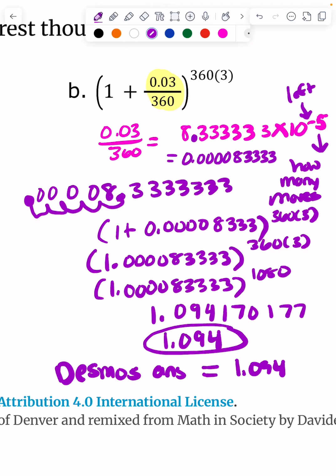The Desmos answer ends up being the same here, but it's preferred that you just put the whole thing in as one big chunk in your calculator, and you're going to be much more likely to get it correct. But you should also understand the order that Desmos is doing it in, so that you can check and be sure of your work. I hope that makes sense. All right, that's it.